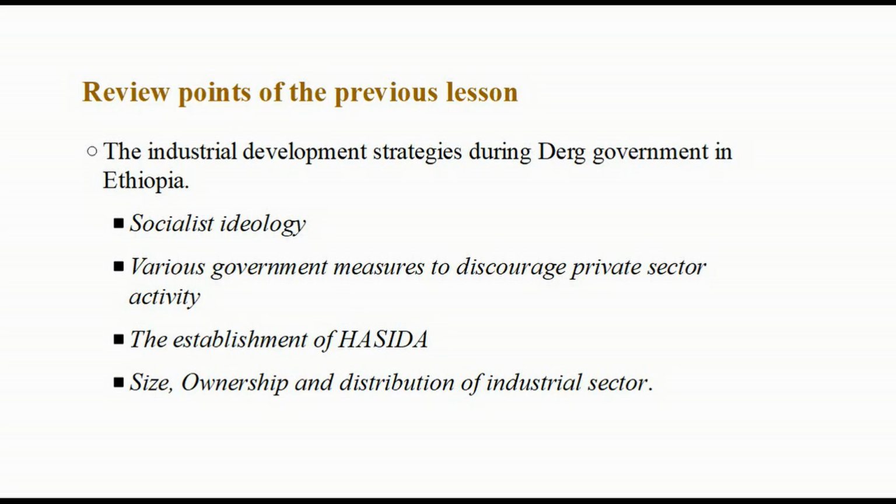But the government did some activities to support and expand small-scale industry enterprises by establishing the Handicraft and Small-Scale Industrial Development Agency, or HASIDA. But these were not effective in achieving the required development and expansion due to lack of institutional capacity and lack of adequate support from the government.